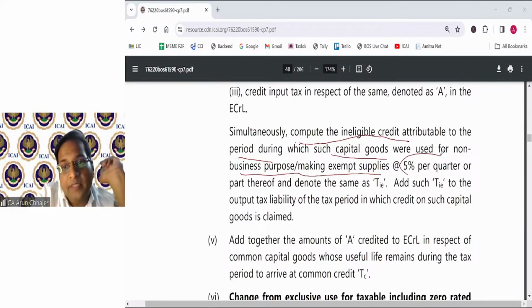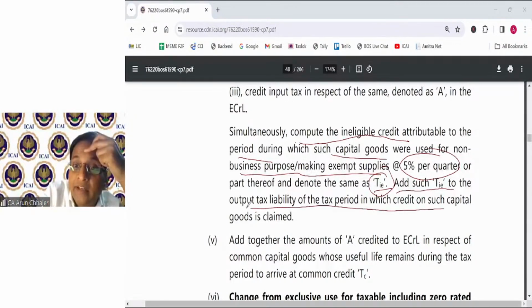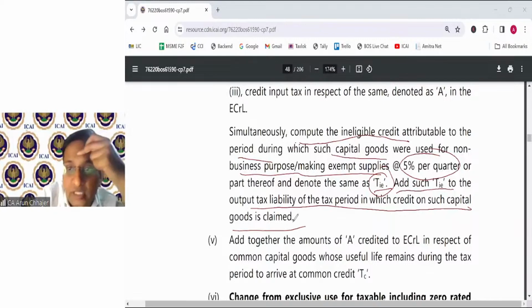How to calculate? 5% per quarter. And denote the same as TI, I stands for ineligible. Add such TI to the output tax liability in which credit on such capital goods is claimed.